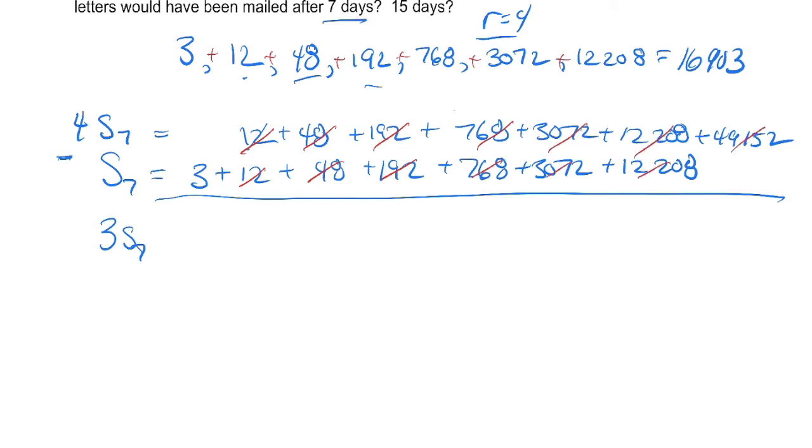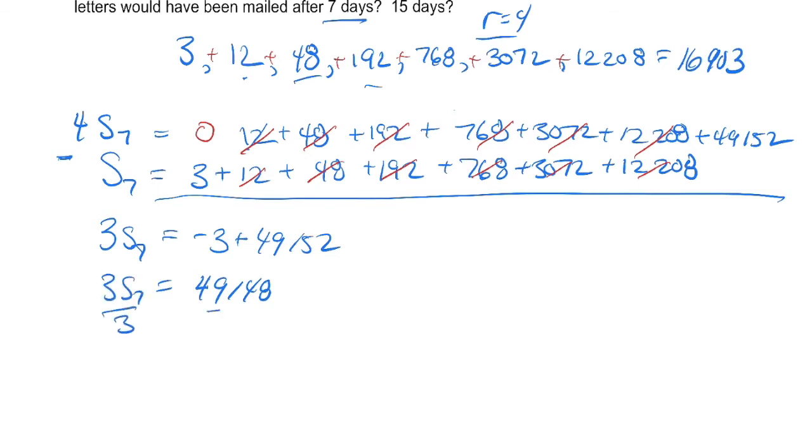So really what am I left with is 0 minus 3, that's going to be negative 3, plus, oops, I should have crossed off 49,000 because we still need that, plus 49,152. So 49,152 minus 3 is 49,148. So that's 3 S7.